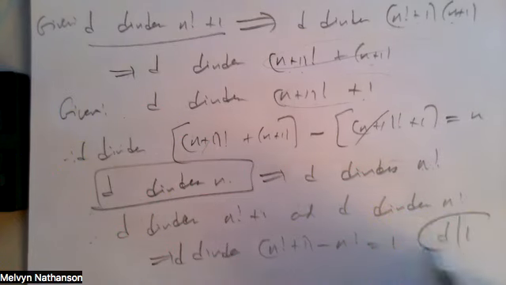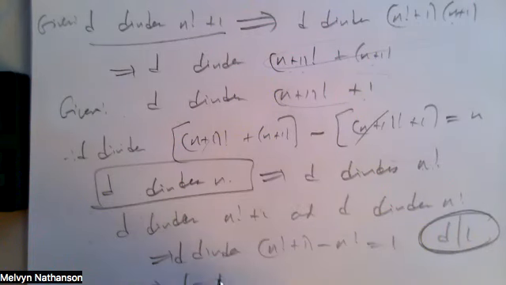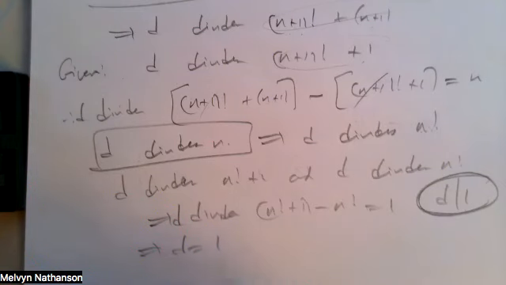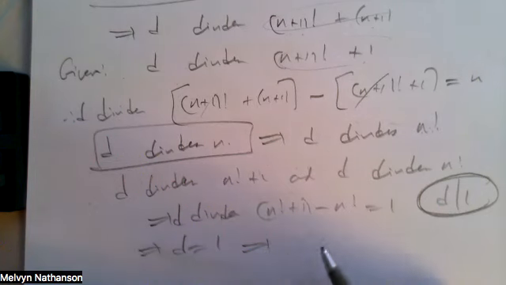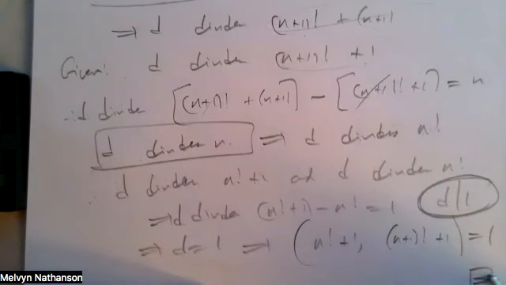So D divides 1. But what are the divisors of 1? The only integers that divide 1 are plus 1 and minus 1. So D equals 1. So the only common divisor of n! + 1 and (n+1)! + 1 is 1. So the greatest common divisor of n! + 1 and (n+1)! + 1 is 1. That's the proof.